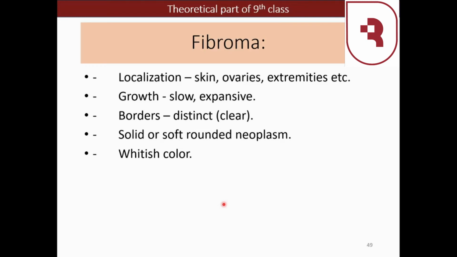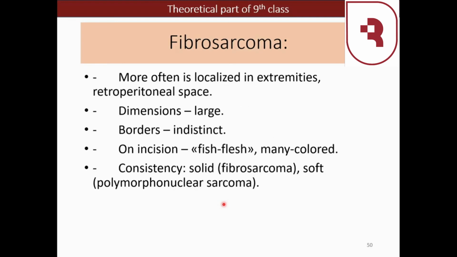The borders are distinct. It is a solid or soft rounded neoplasm with white color on incision. Fibrosarcoma more often is localized in the extremities, retroperitoneal space, dimension is large, borders are indistinct.